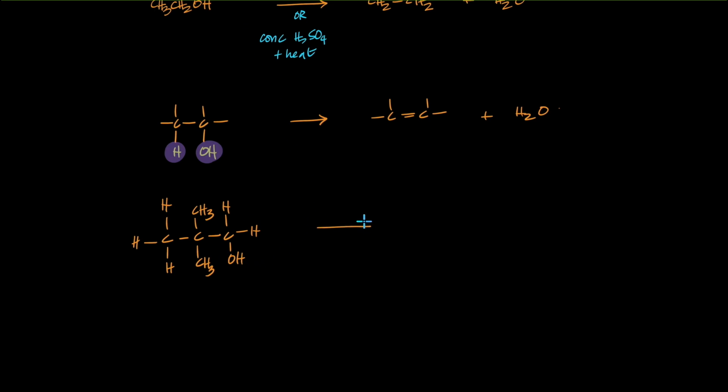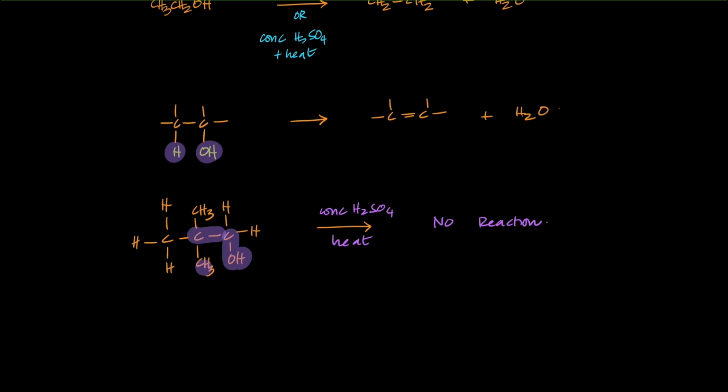But if I add, let's say, concentrated sulfuric acid and heat, there will be no reaction here. You know why? Because the carbon that has the OH, its adjacent carbon doesn't have an H. The adjacent carbon has 3 carbons directly on it. You say, can I not use this?